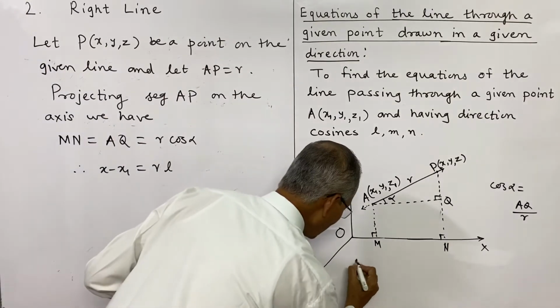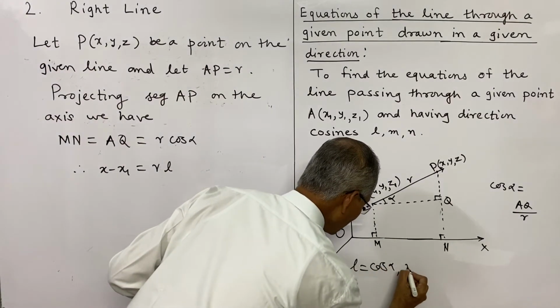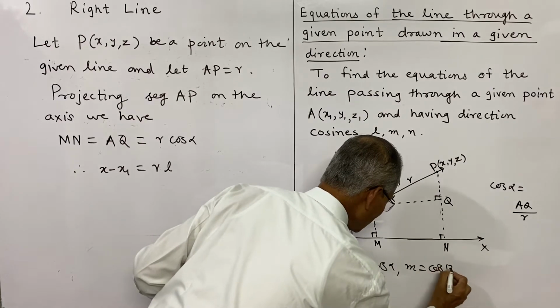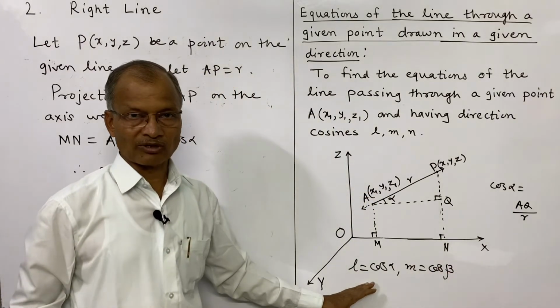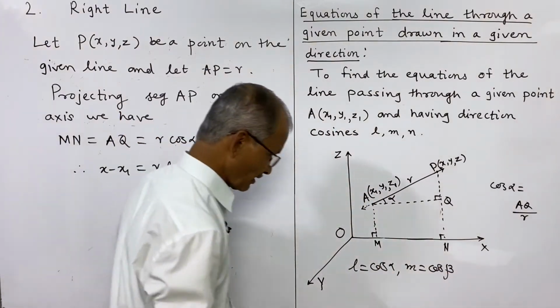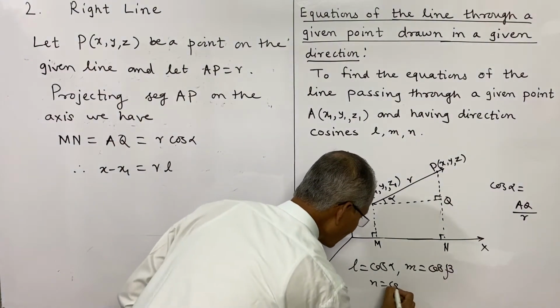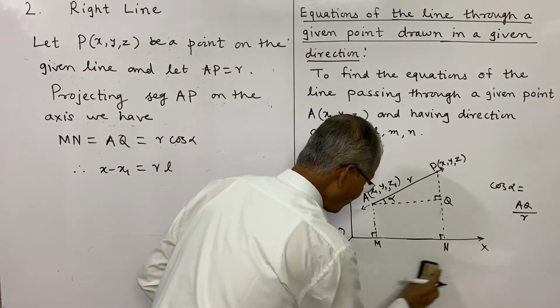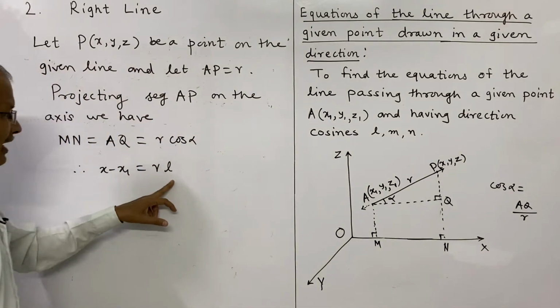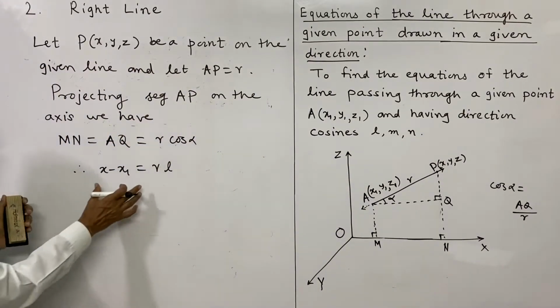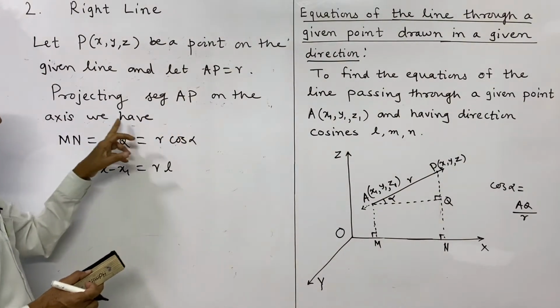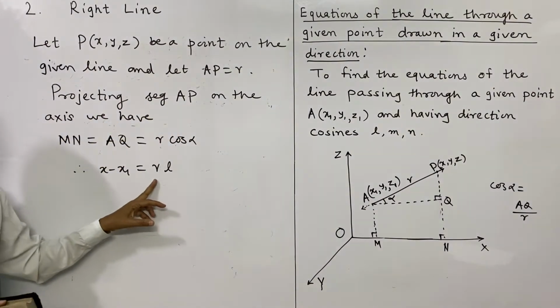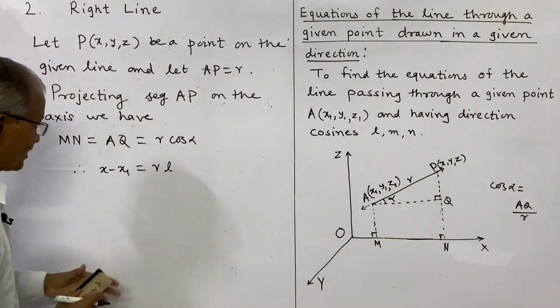This is the earlier notation that we know. Therefore we write cos alpha as l, and thus the projection of AP on the x-axis gives x minus x1 equal to r times l.